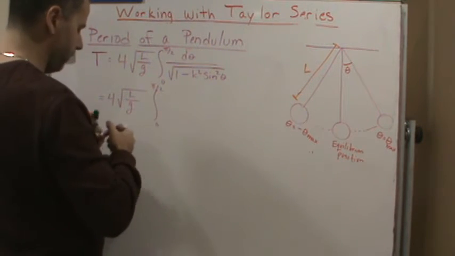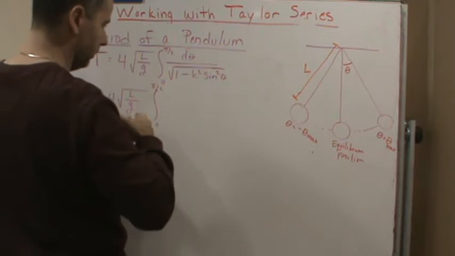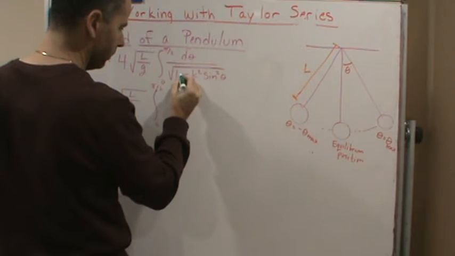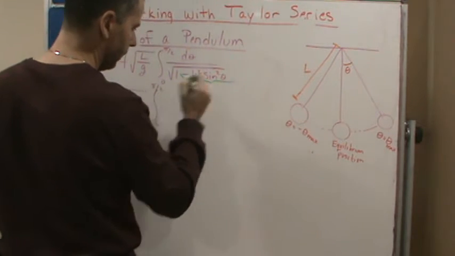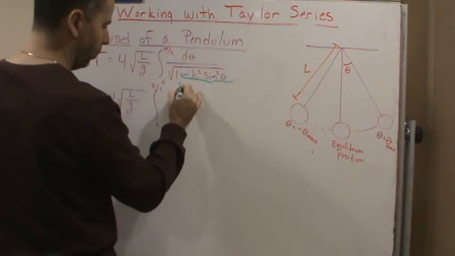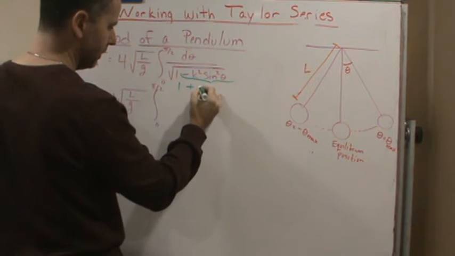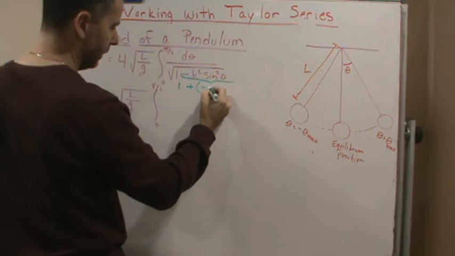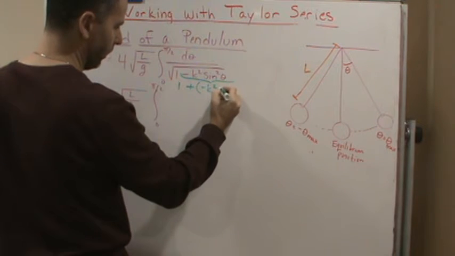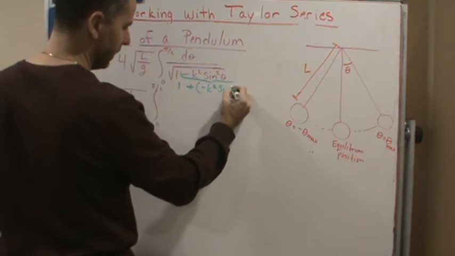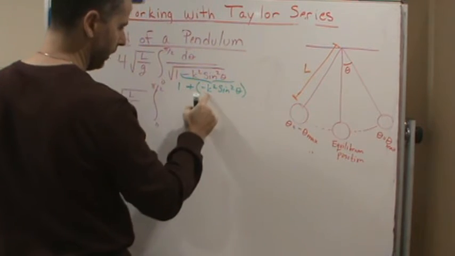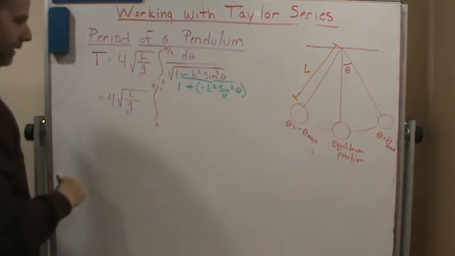Okay, where in this case here, this is going to be our 1 plus negative k squared times sine squared theta. Okay, so where this is going to replace x.